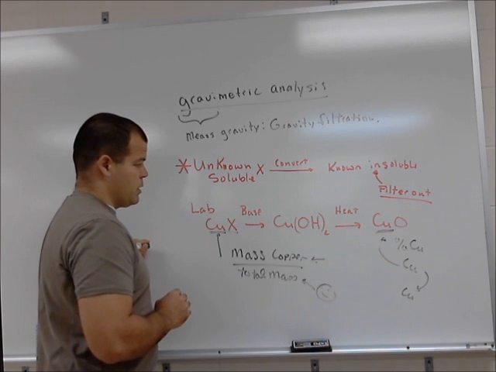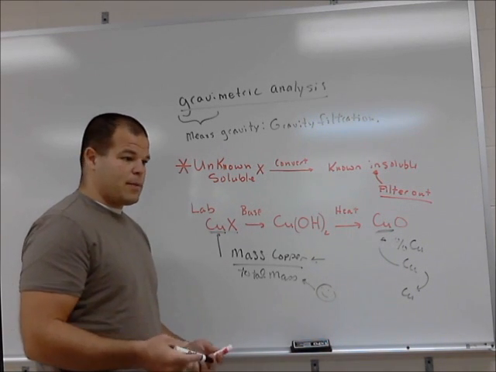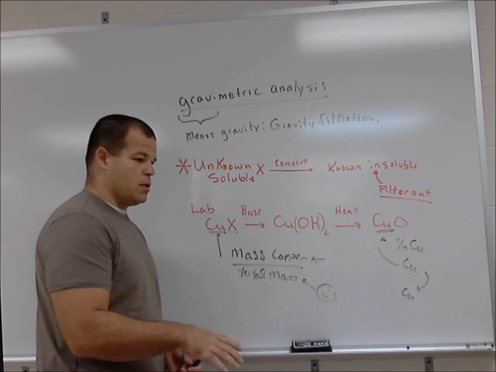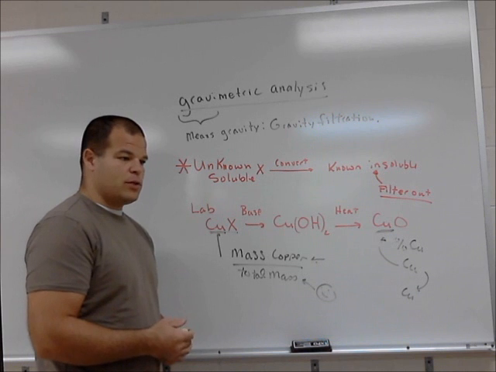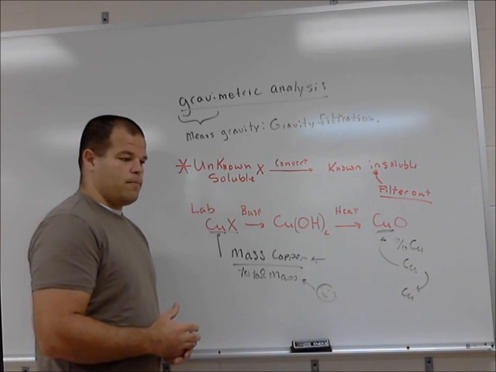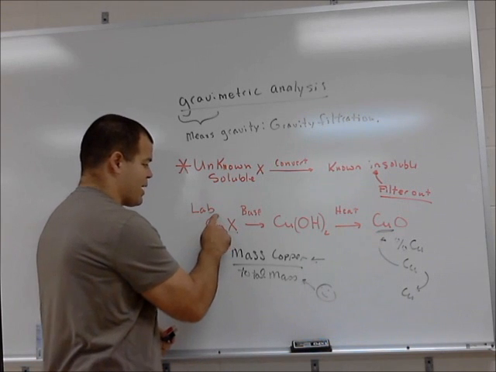Now, if you lose copper throughout your lab, this will throw off your lab. I mean, when you're transferring, when you're filtering, so be very careful not to lose any copper. This is the limiting reactant of your lab.